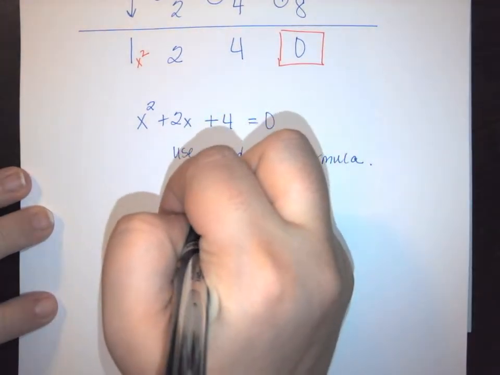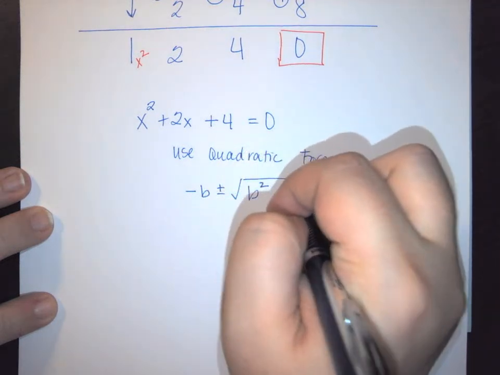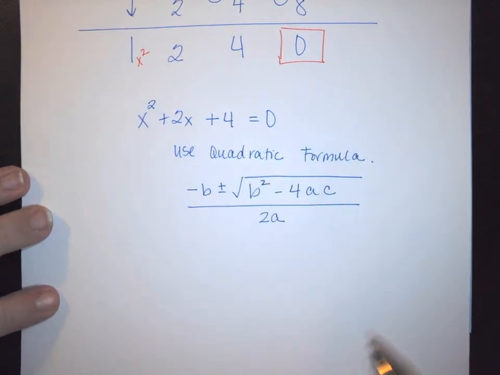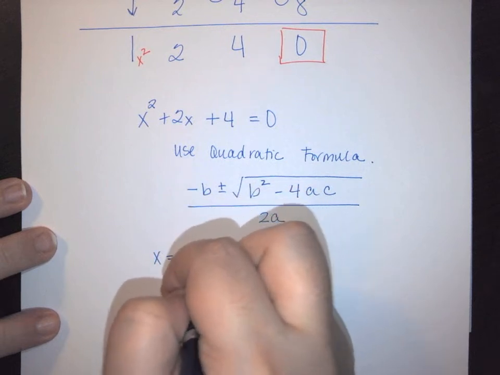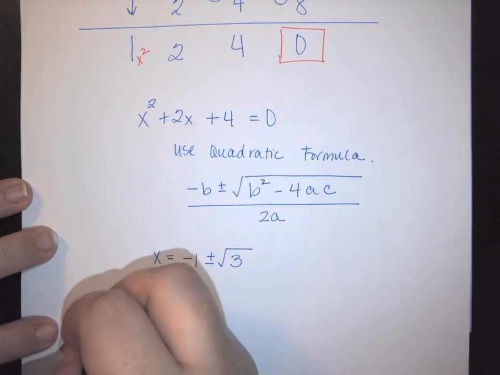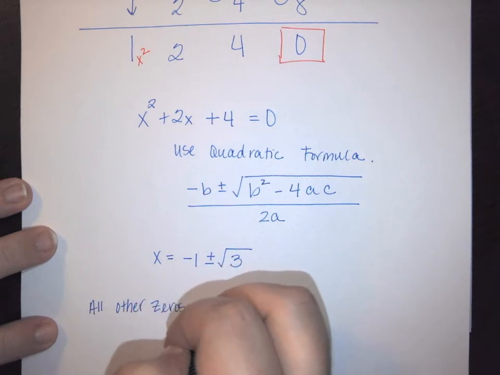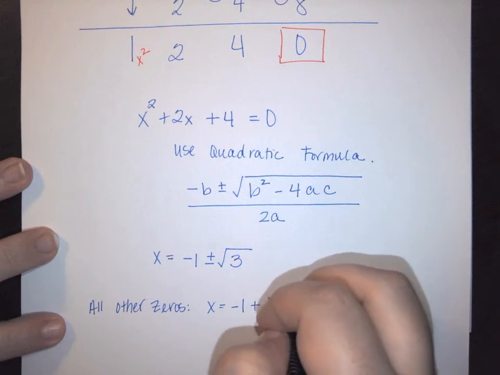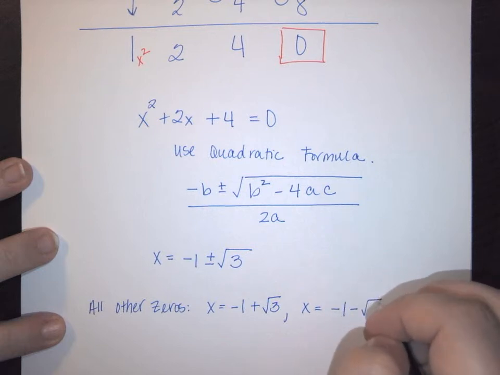Remember that formula is negative b plus or minus the square root of b squared minus 4ac all over 2a. And when you do that, you're going to find out that x is equal to negative 1 plus or minus the square root of 3. Therefore, we would say that all other zeros would be that x equals negative 1 plus the square root of 3 and x equals negative 1 minus the square root of 3.